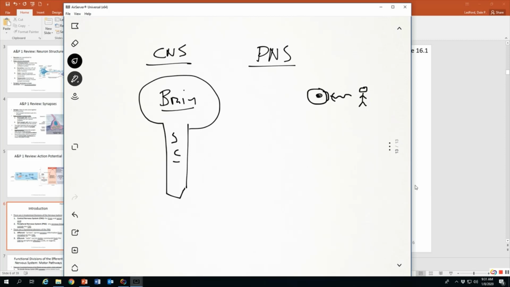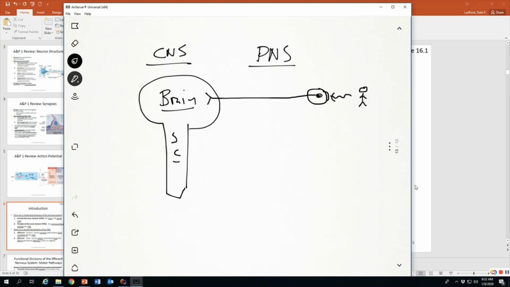They were a very attractive person to you, and the light from them were to come to your eye. Well, your eye needs to be able to take information about that person, and with neurons, send that information to the brain to be understood. Now, that would be one job of the peripheral nervous system, to send information to the central nervous system.